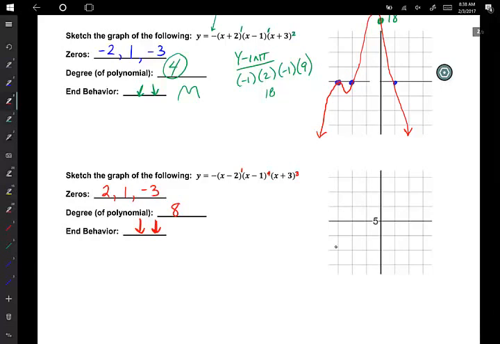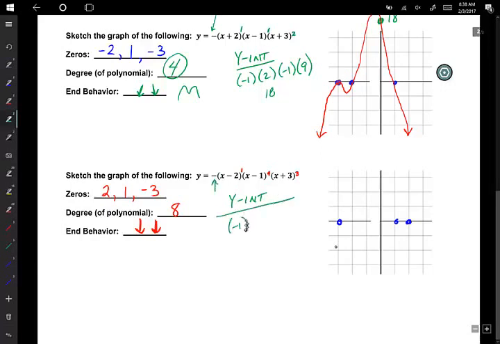All right, so here we go. And Marissa, this is the one you asked about. So let's put our dots on our graph: +2, +1, -3. I'm going to try to get my y-intercept for a little bit of help here. This minus sign gives me a -1, that gives me a -2.